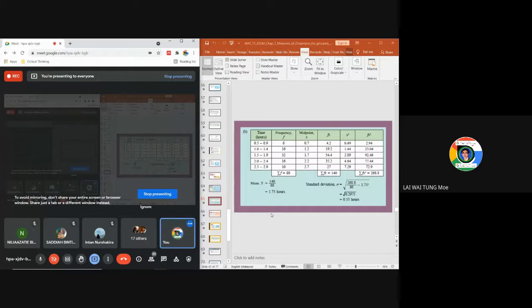It's a bit tricky because you need to find out the class interval if the question doesn't give it, and also find out the frequency, because an ogive only shows you the cumulative frequency.